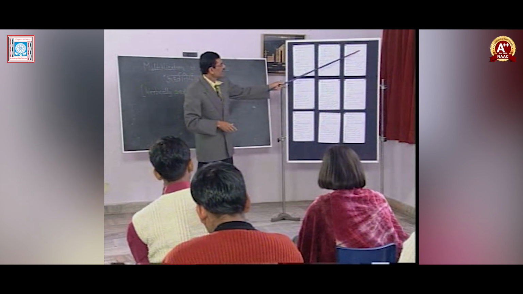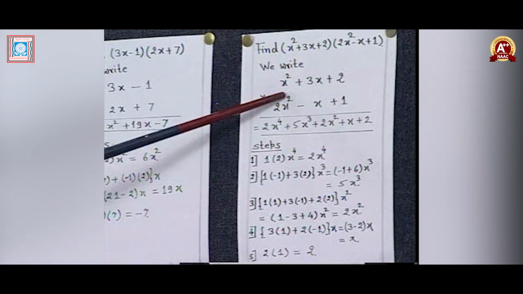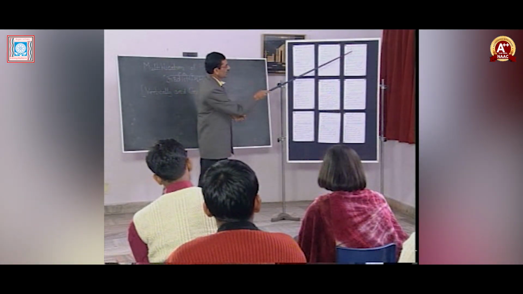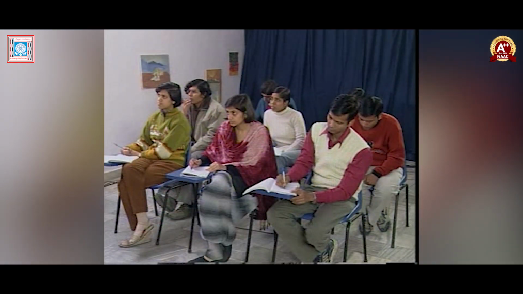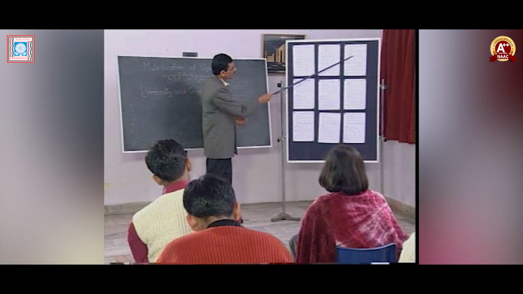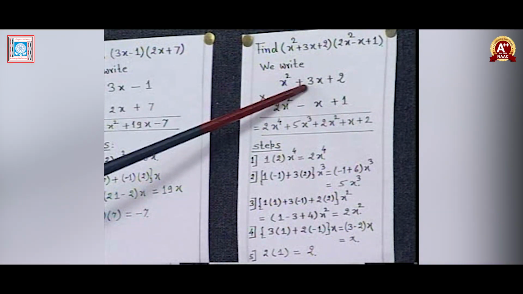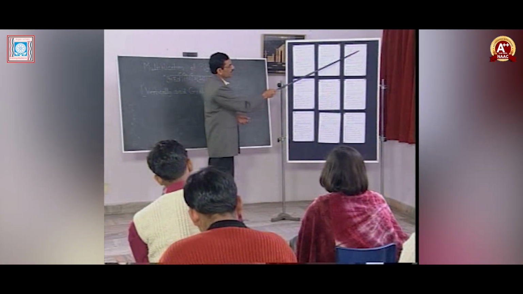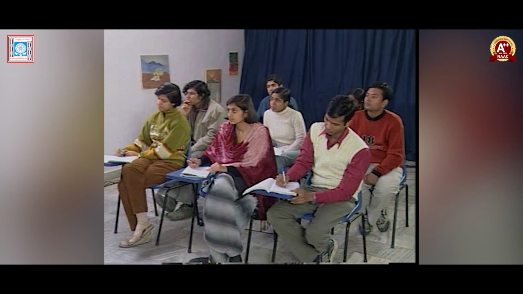Now we have come to the end of the polynomial. So we leave out the extreme left term and then take the cross: 3 into 1 plus 2 into minus 1. That will be 3 minus 2.